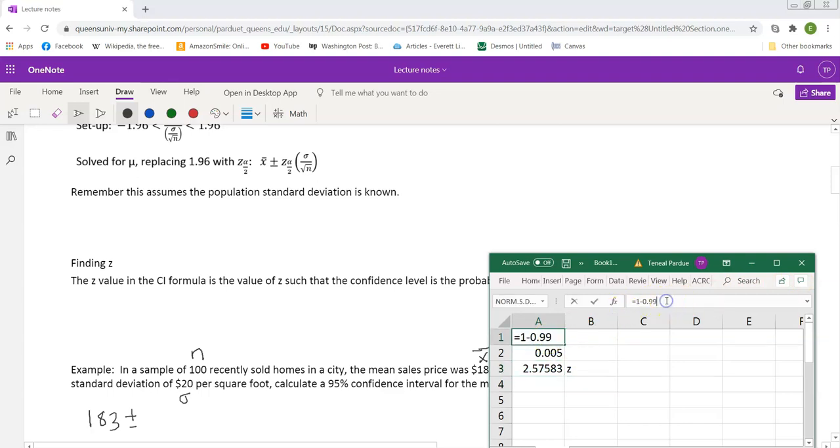But here we want 95% because they asked for 95% in the problem. So this is 1.96 if we round this to 4 decimal places. You're not going to have to worry about rounding anyway, though, because you're going to refer directly to this cell.